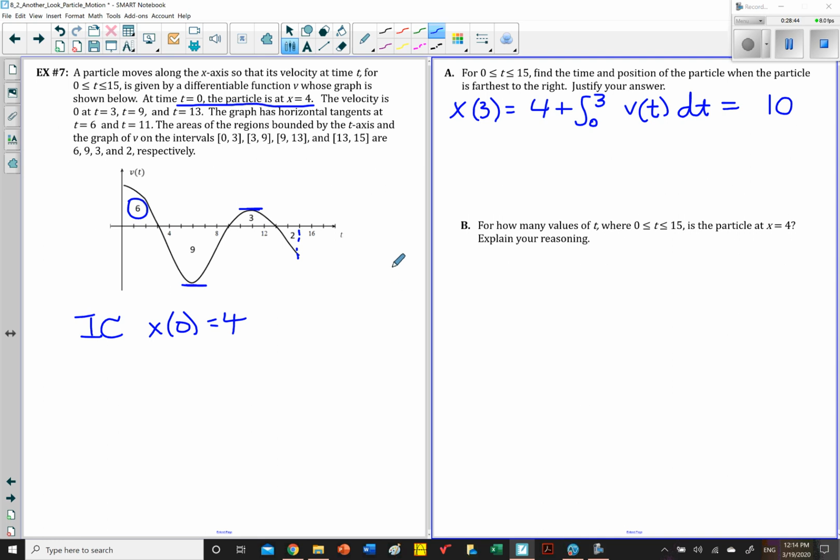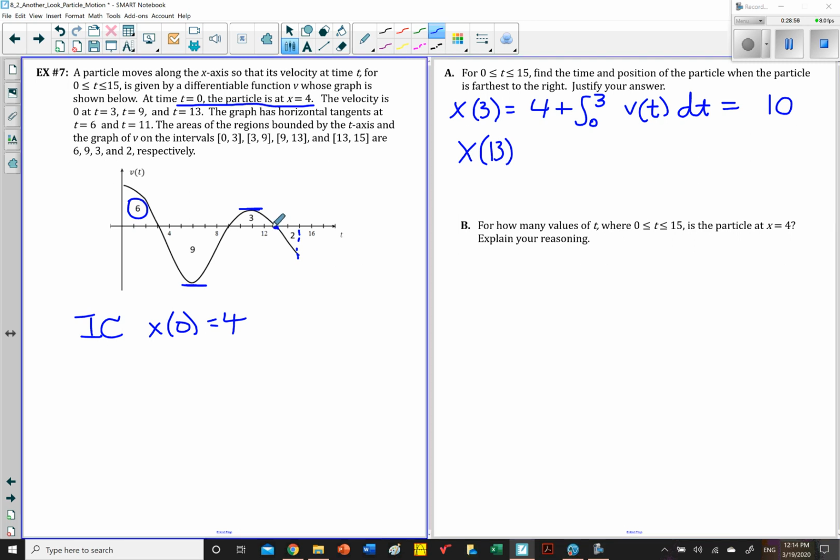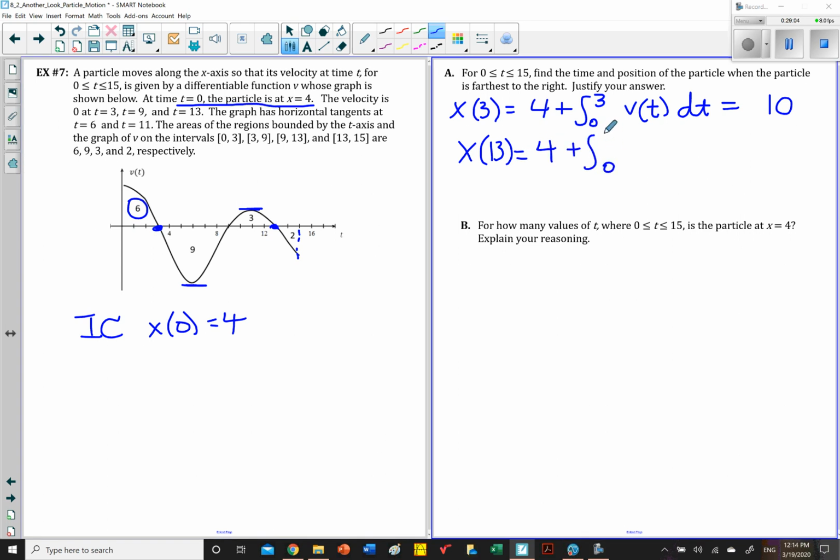Did they give us units? I don't think they did. Okay, and then at 13, 13 is the other 0. We have initially 4 plus 0 to 13.